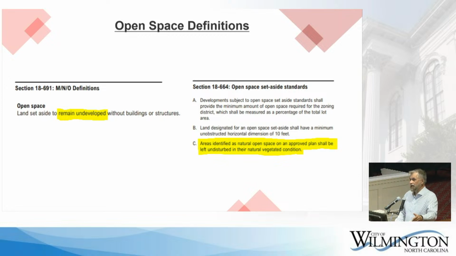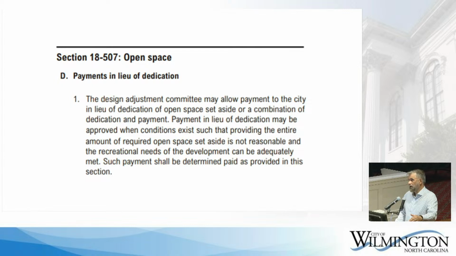Instead of challenging that conclusion, we are following a different path available through the code and asking you for relief in terms of a reduced or eliminated payment in lieu for provision of open space less than the full amount required by the code for a new development.